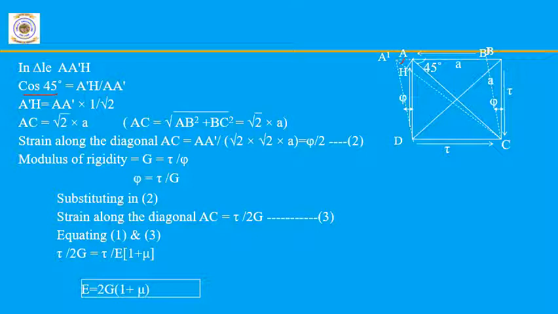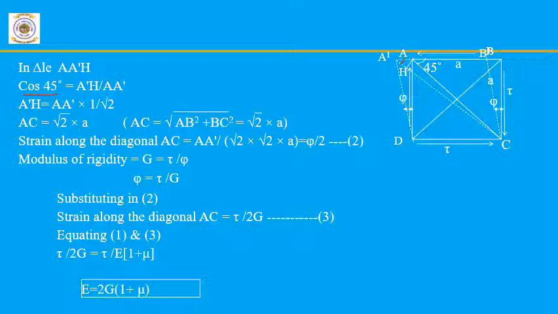Therefore A dash H is equal to AA dash into 1 divided by root 2. And from this diagram, the diagonal AC is common for upper triangle and lower triangle.